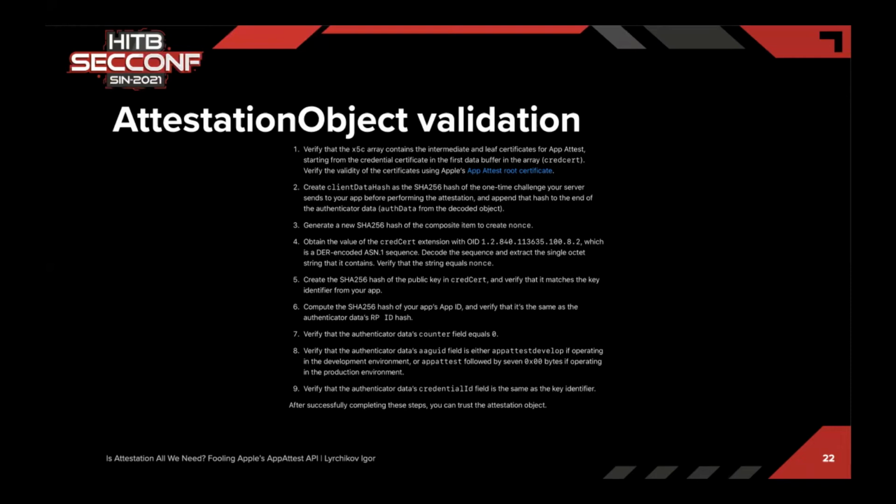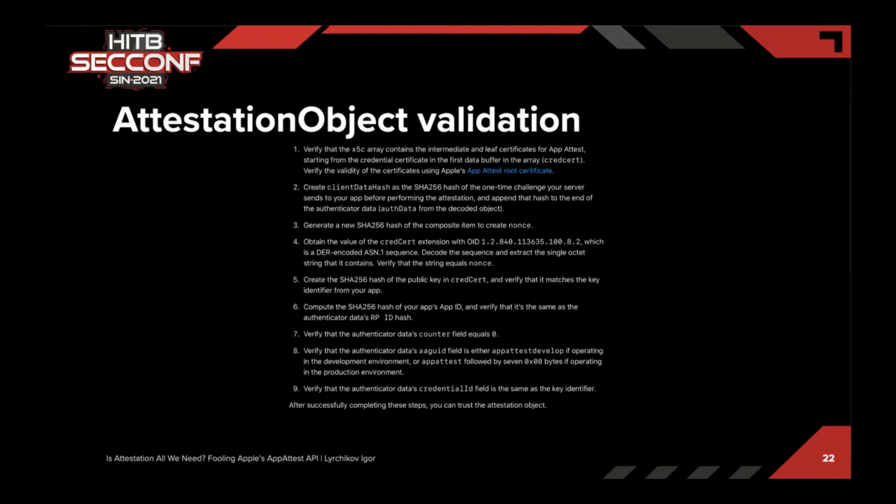Then you parse this AppAttest root certificate and obtain the value of the credCert extension. After that, you create a hash of the public key stored in this credCert and verify that it matches the key ID identifier from your application generated during step 1.